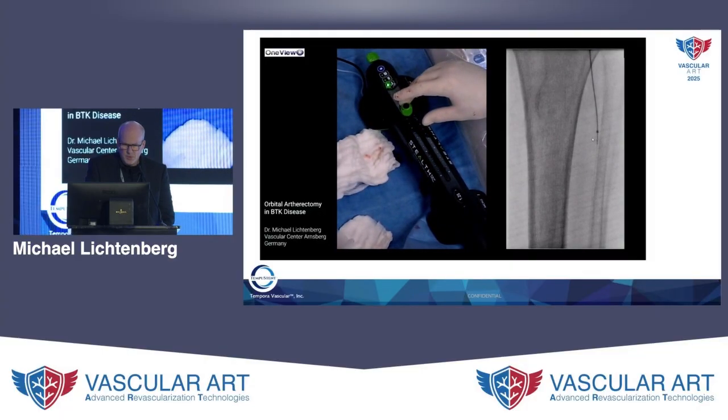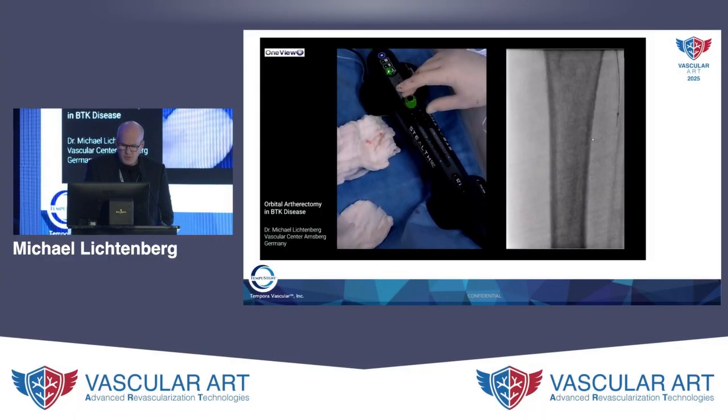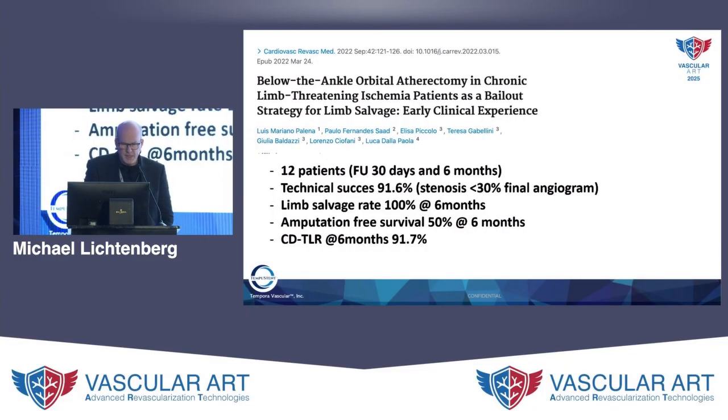It rotates up to 120,000 rounds per minute, debulking the intimal and medial calcification. And Dr. Polina recently published a small cohort of 12 patients showing a very nice technical success for pedal intervention, a high limb salvage rate, an amputation-free survival rate of 50% at 6 months, and CDTLR at 6 months of 91.7%.